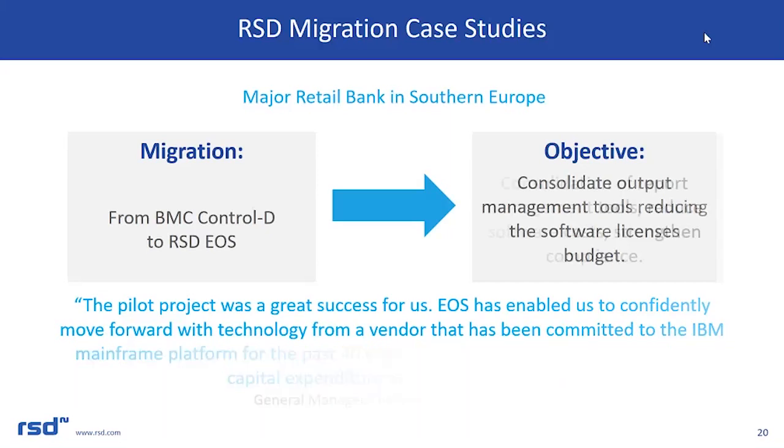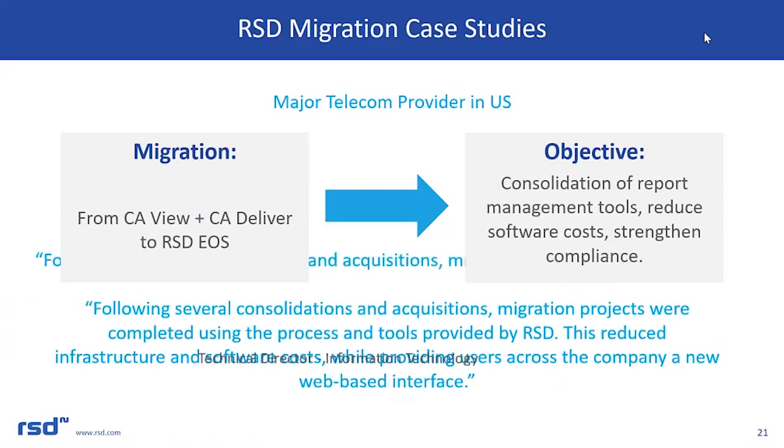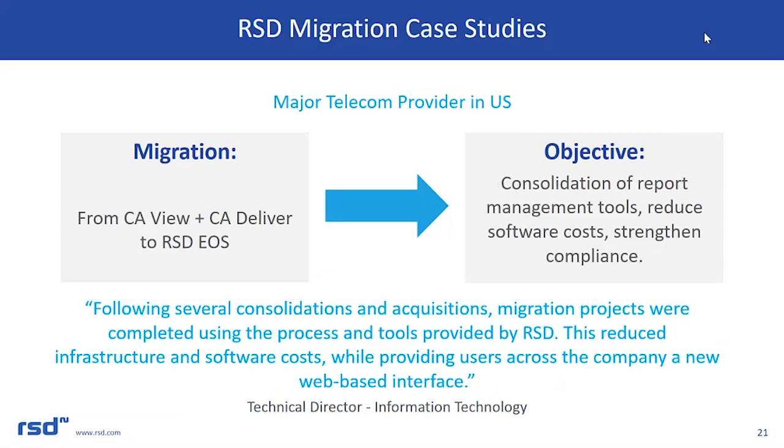And last but not least, we have a major telecom provider here in the US, another CA component migration to EOS. The objective, consolidation of report management tools, reducing the software costs and strengthening their compliance issues. Compliance issues, in essence, focusing on the archives, how long you keep those archives, where do you keep them, with the assurance that you can get the data back.